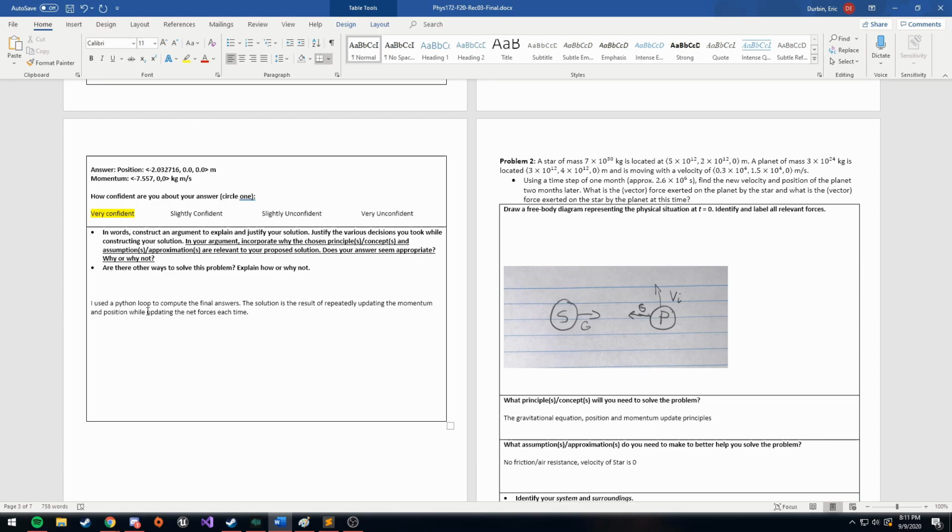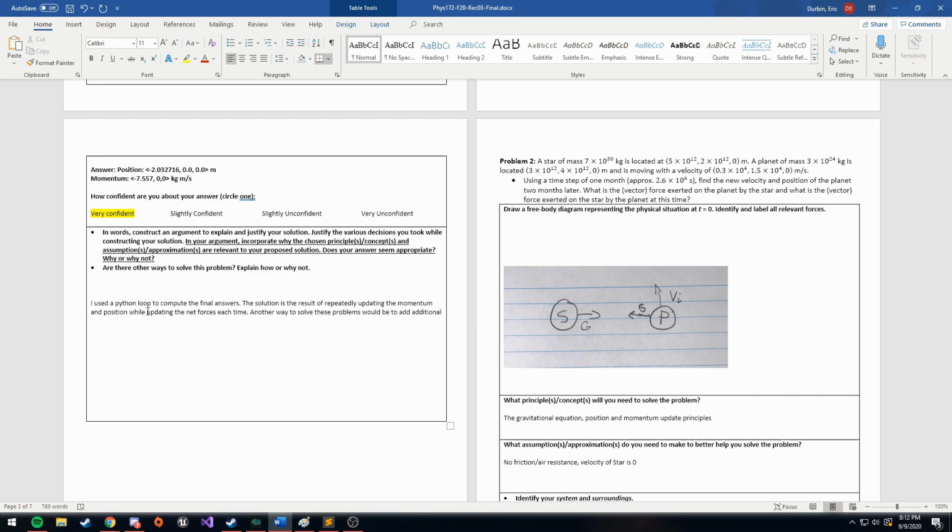And for our justify answers, are there any other ways to solve these problems? The one I can think of would be if we said you could have added the 1/2 FNet over mass times delta t squared to get more specific, but that also would be extra.